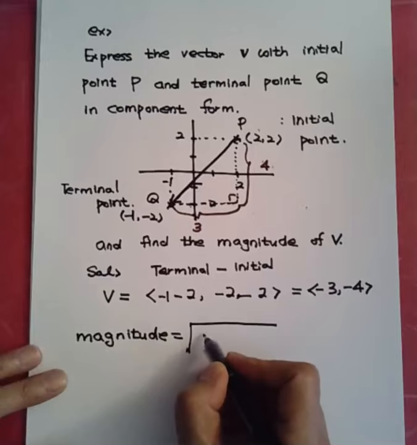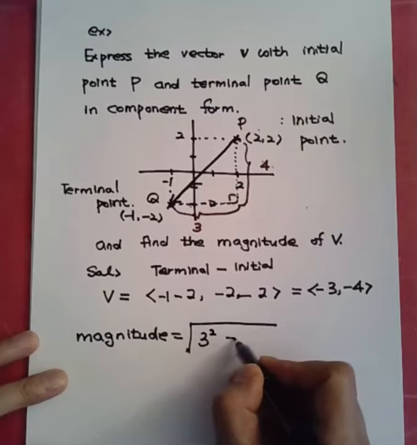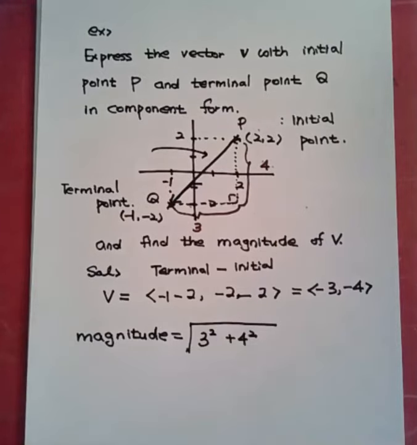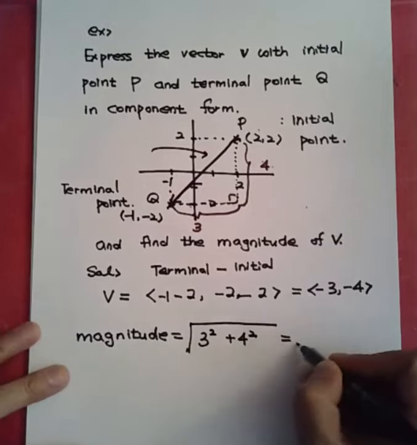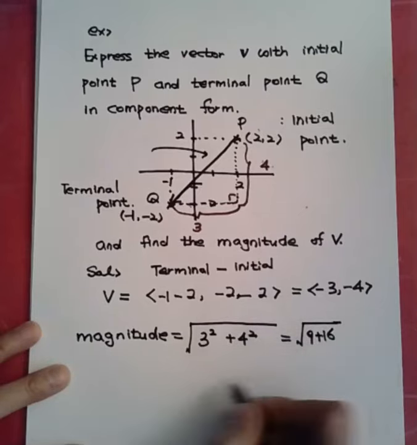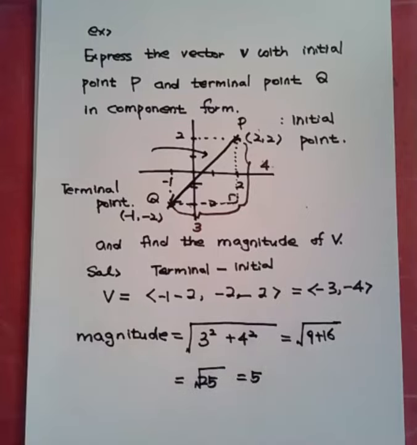So by applying the Pythagorean formula, we have the square root of 3 squared plus 4 squared to get this hypotenuse. That is the square root of 9 plus 16, which is the square root of 25. That is 5. We thought about the right triangle, but indeed we calculated the length of the vector, so that is the magnitude of the vector.